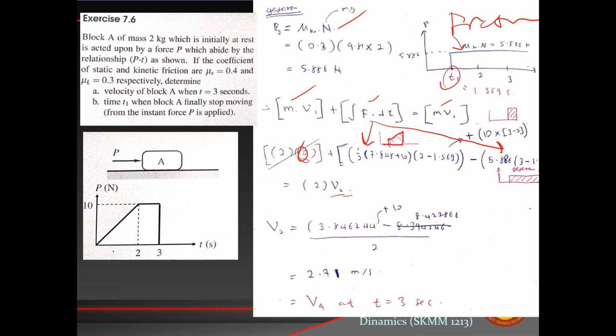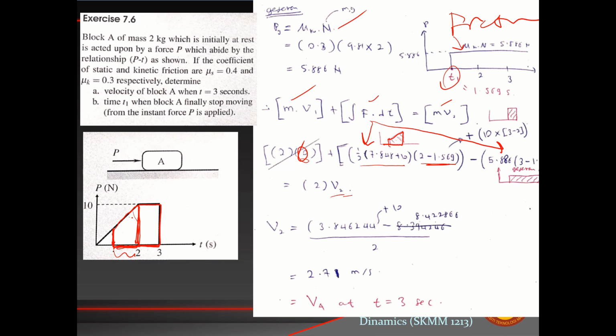Our graph starts moving here and goes up to 3 seconds, so this is the area under the graph. The first part I'm using is this trapezoid: 10 plus 7.848, this one plus this one, times the length. The length here is 2 minus 1.569.